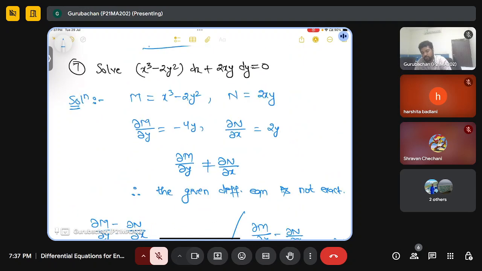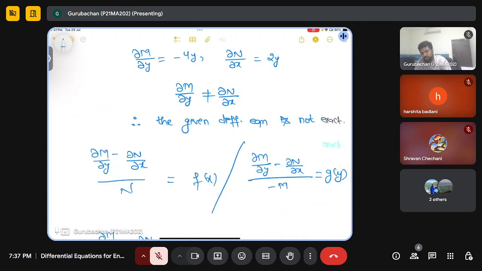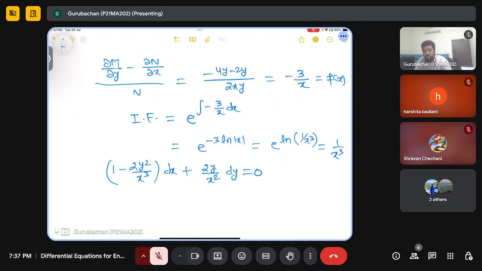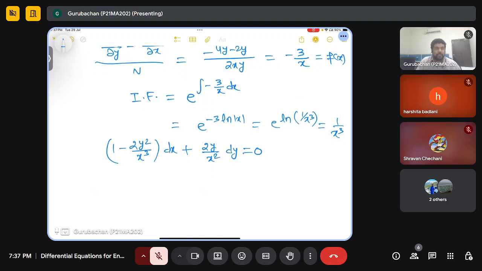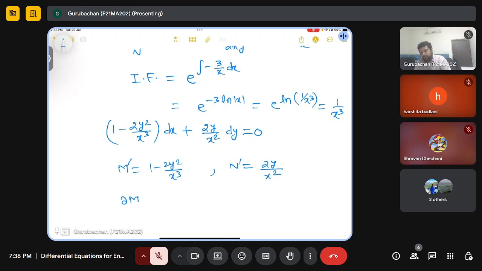I think this would be the equation. x cube minus 2y square by x cube, correct? Okay, so this will be our differential equation. Now, our new m is 1 minus 2y square divided by x cube, and new n is 2y by x square. Let me denote them m dash and n dash since they are different from the previous ones.